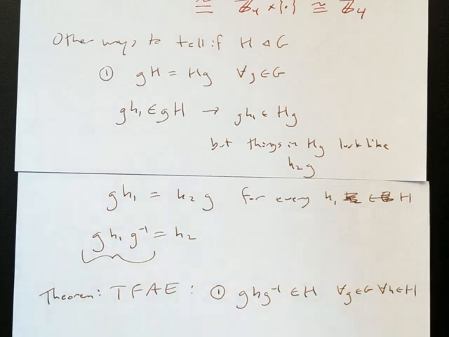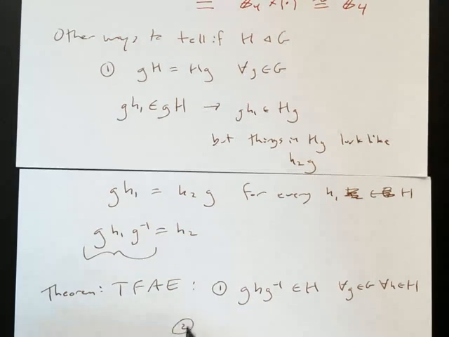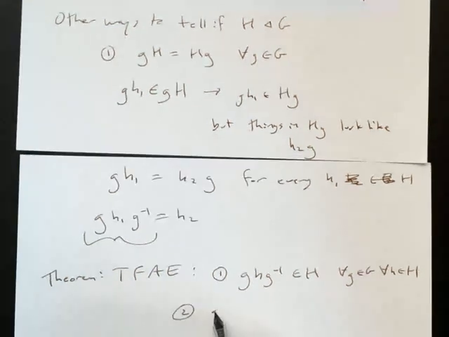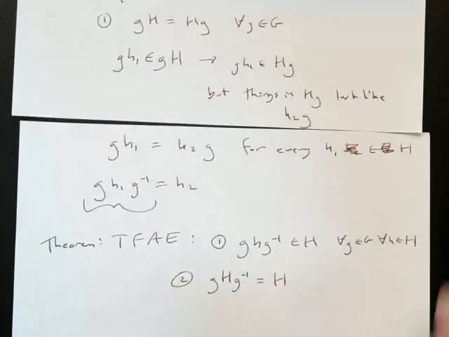So that idea that when I do GH, G inverse, I get something in H is equivalent to taking the whole group H, multiplying by G on the left and G inverse on the right, and getting some other version of H back, rearranging stuff.